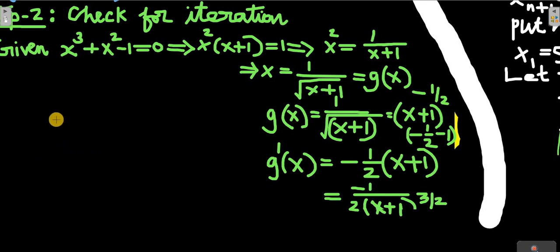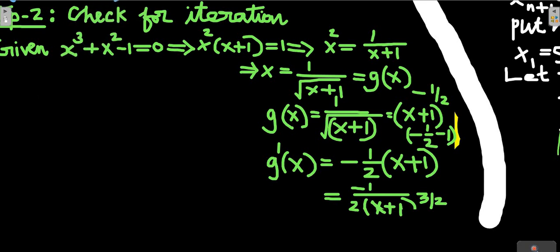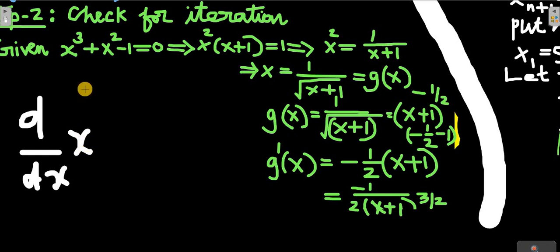What is that? d by dx of x to the power n equals n into x to the power n minus 1.